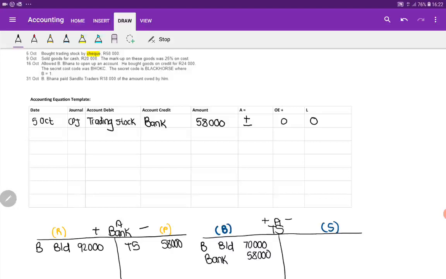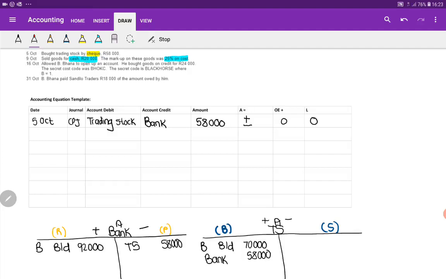The second transaction, sold goods for cash 20,000. The markup on these goods is 25%. So very important. If I'm selling goods, it means that when I bought trading stock, I'm selling it to customers to make money.